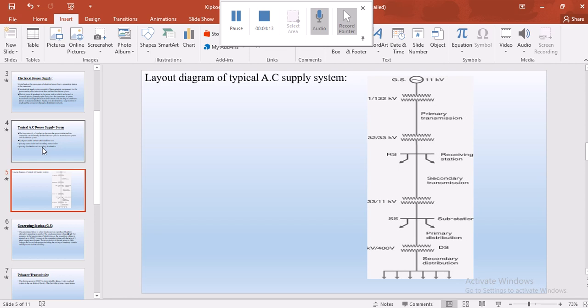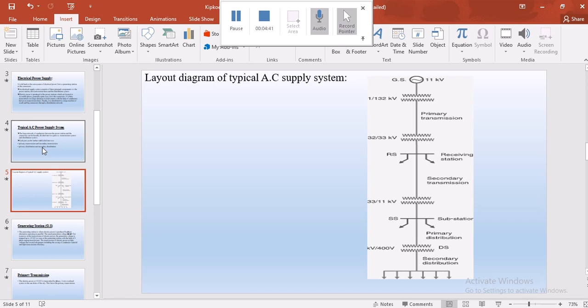From the substation, it will be stepped down to 11 kilovolts, and from the substation we have those consumers that demand more power, so we distribute to them at 11 kilovolts, and that part forms the primary distribution.